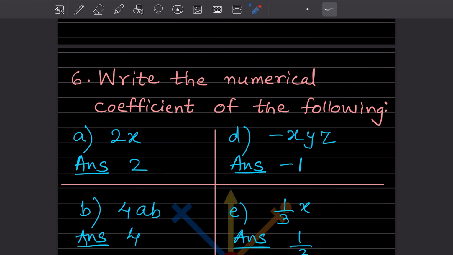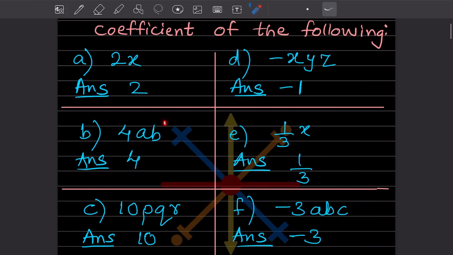Okay, now look at the second one, the B part. Now this is AB. Okay, the coefficient of that is 4. Okay, now this is PQ. The coefficient of this is 10. Now here is XYZ. The coefficient of this is going to be minus. It means there is a 1 over here which we cannot see. Because 1 multiplied by 5 is 5, right?